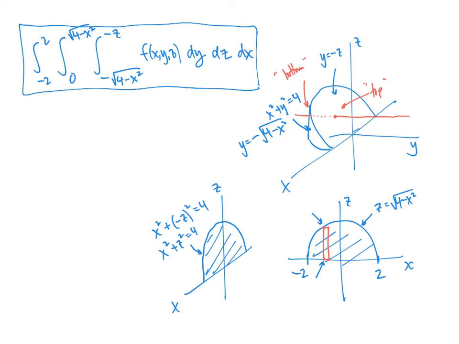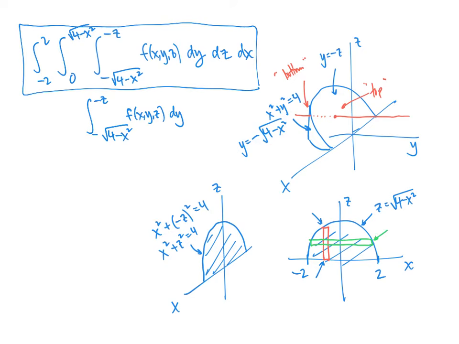Now, if I want to integrate in the order dy, dx, dz, a lot of that is the same. The innermost integral is still the integral from negative the square root of 4 minus x squared to minus z. That hasn't changed. But now, what changes is when I've figured out my region, I slice it the other direction.